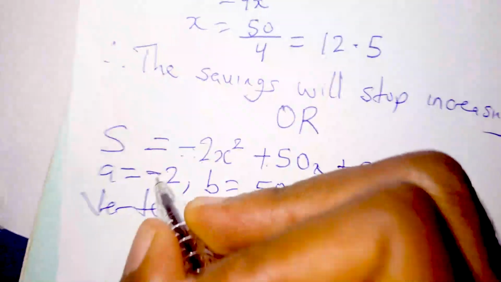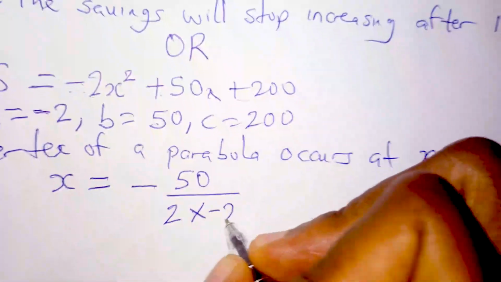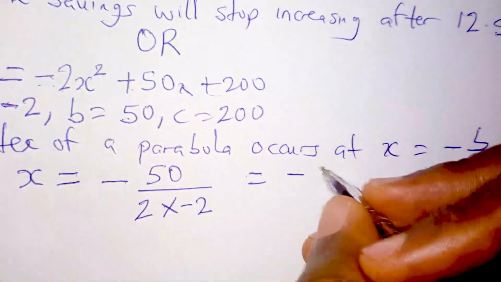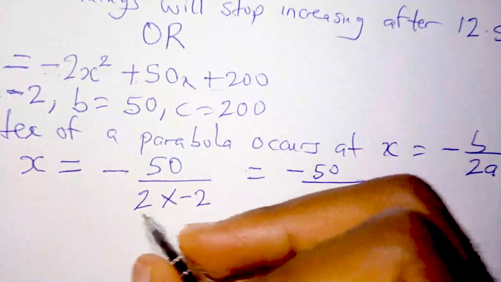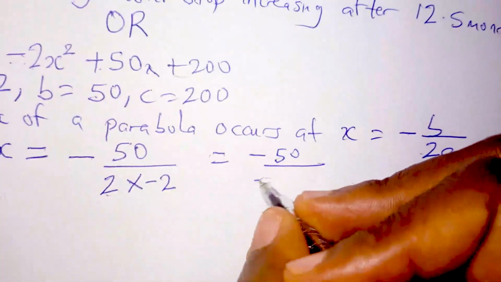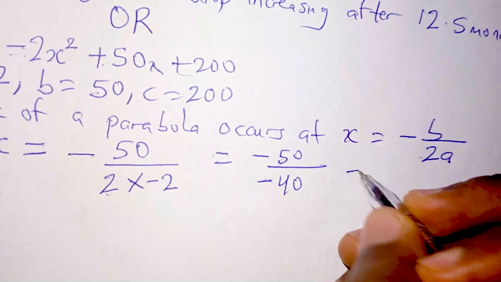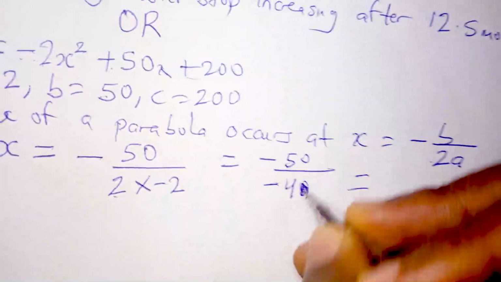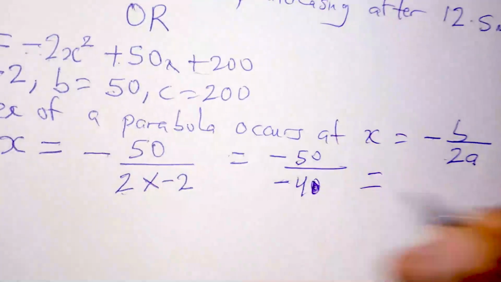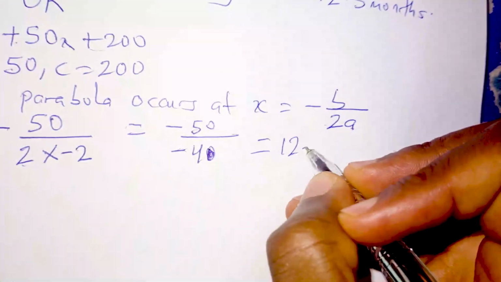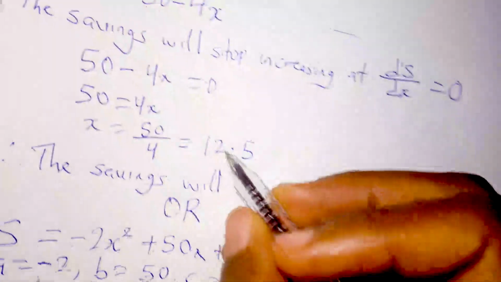A is minus 2, so 2 times minus 2. So this is going to give us minus 50 over, 2 times minus 2 is minus 4. Minus can cancel minus. Sorry, that's 2 times minus 2, 4. So 50 over 4 is going to give us 12.5, just as we have here. So your x is also 12.5.